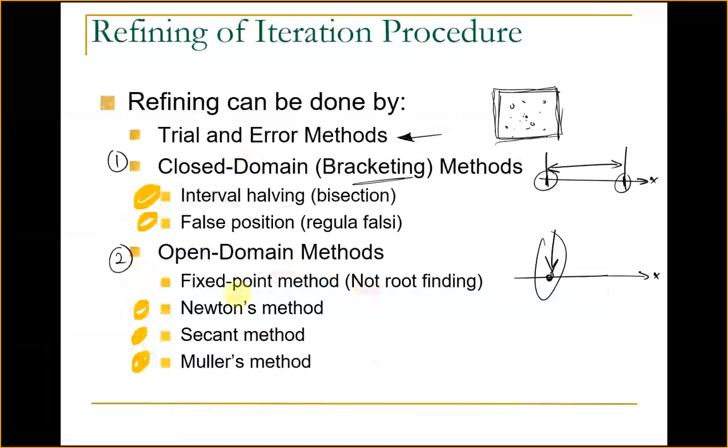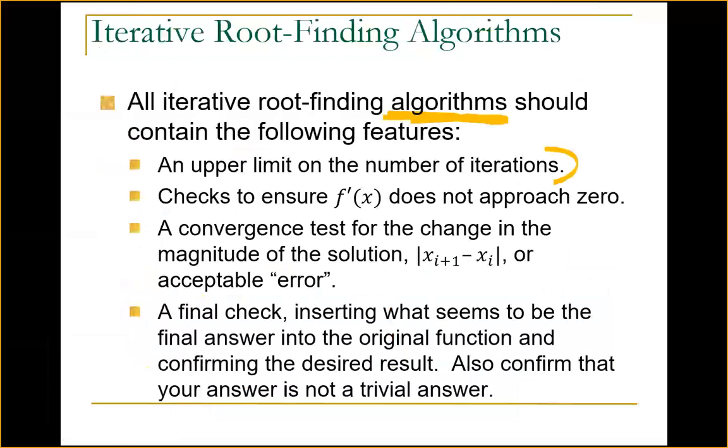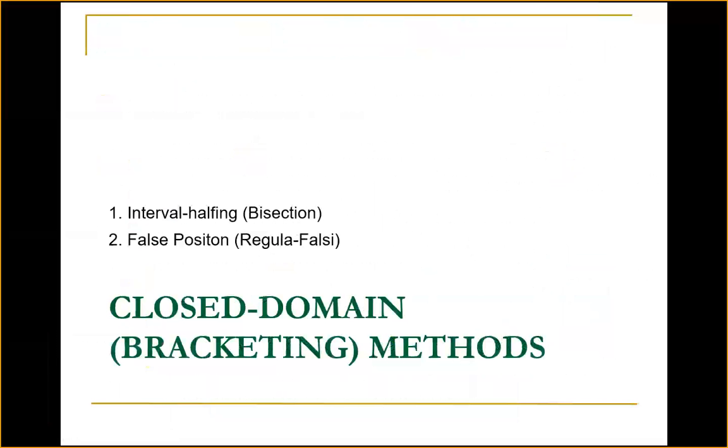This one is fixed point. When we're discussing that, we'll make it clear what fixed point is. I think I've said it a few times already, but not sure everybody gets it. So root finding methods, one is called bisection, the other one is called regula falsi.